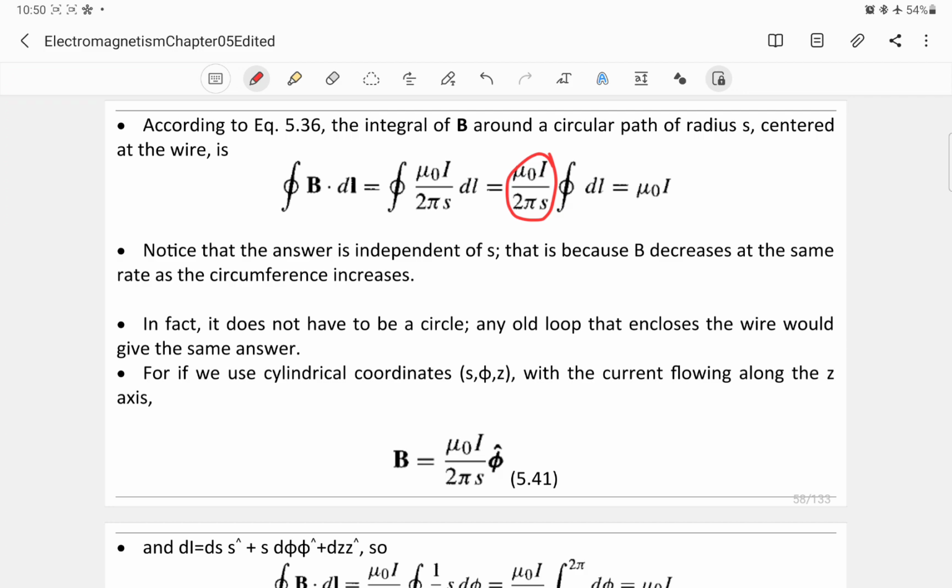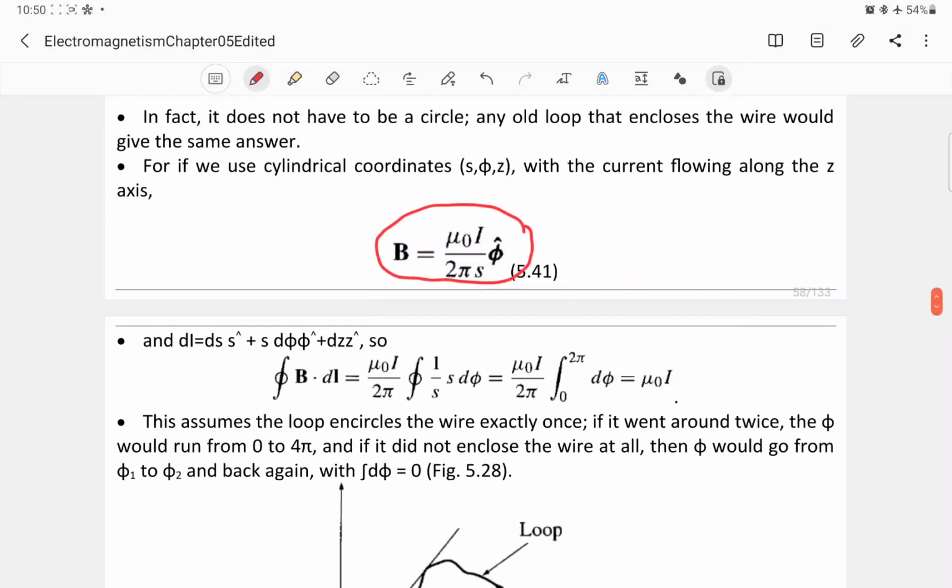For if we use a cylindrical coordinate system with the current flowing along z, then your magnetic field would just be given by this direction, phi hat. So in this case, your dl is given by these coordinates, and your B dot dl would be this one.